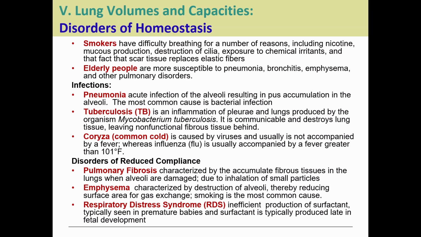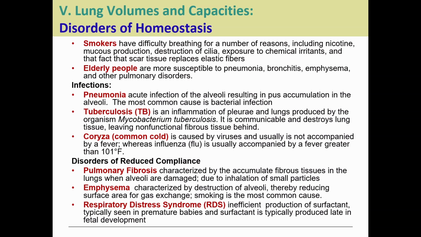And then respiratory distress syndrome, this is where we don't make enough surfactant. And so we have trouble breathing because that surfactant keeps those alveoli open. And if we don't have enough surfactant, those might not stay open. This is really common in tiny babies, especially those that are premature, because they haven't fully developed their respiratory system just yet.